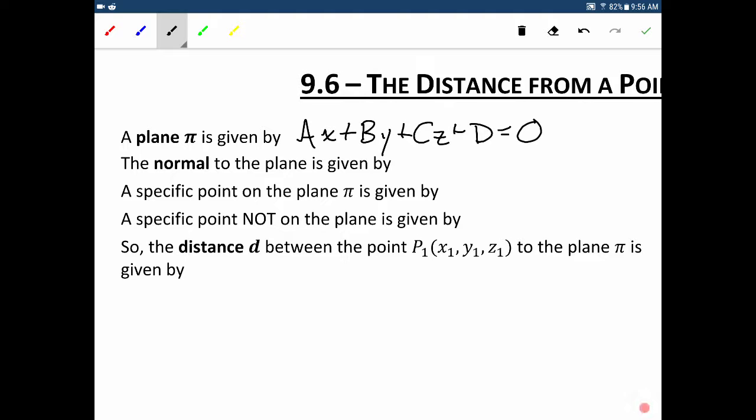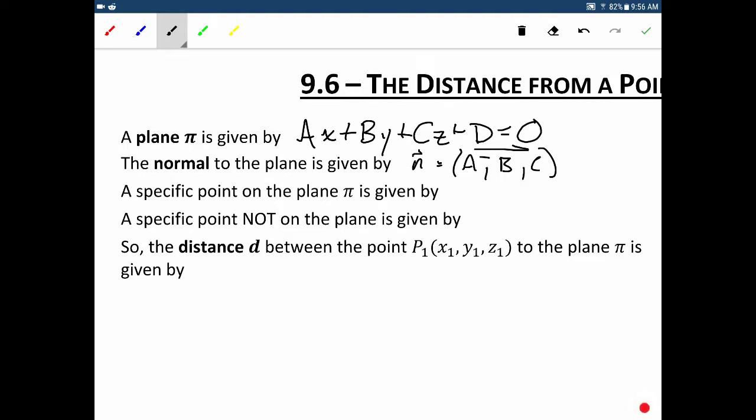So there's our plane. The normal to the plane, we'll call it n, is of course (a, b, c).